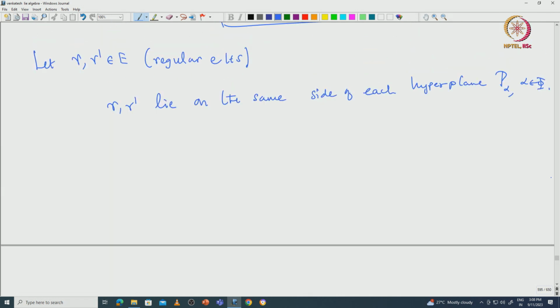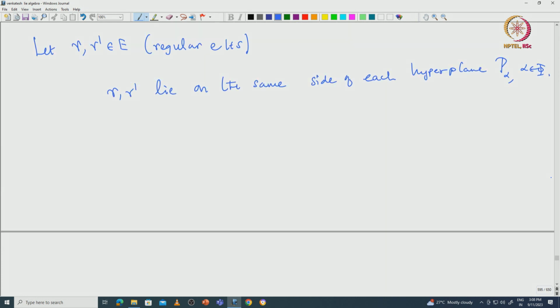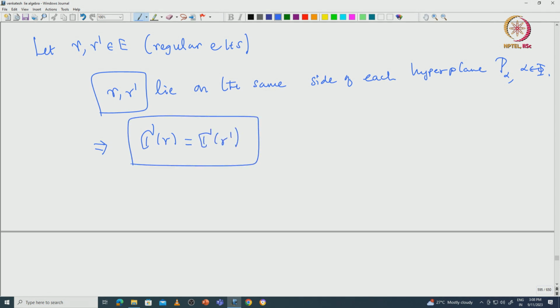So you have this gamma, gamma dash, lying on one side of the hyperplane. Then this implies immediately that C gamma is the same as C gamma dash. So this is the immediate observation.